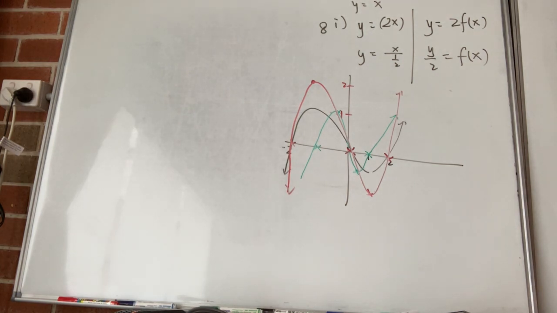Okay, number 1, what happened? What's the factor? 2. So that means you're pulling it outward. Good, good. And then let you finish that one first.